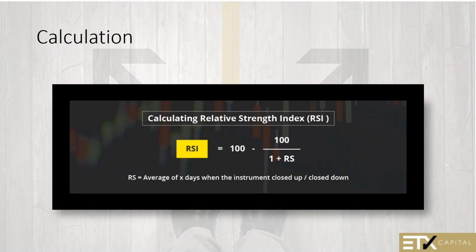So then the second and subsequent calculations are based on the prior average and the current gain or loss. The average gain is the previous average gain times 13 plus the current gain for the current bar, and we divide that by 14.